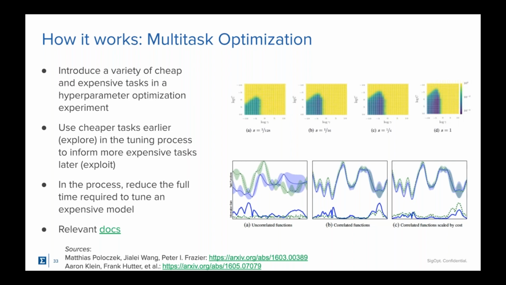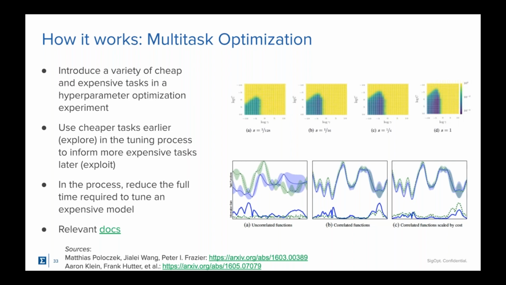So the intuition behind multitask optimization is maybe we can get cheaper, noisier information by subsampling, or maybe by only letting it run for a certain number of epochs, or maybe changing the granularity of the simulation itself. And the goal here is to leverage that cheaper, lower fidelity information in order to only sample the full cost expensive model as infrequently as possible.